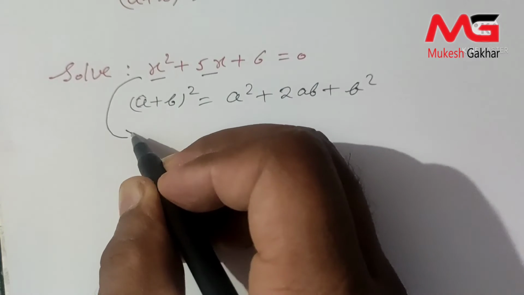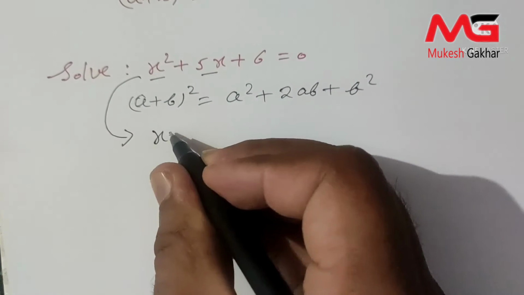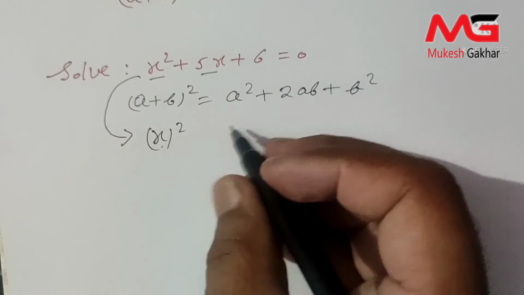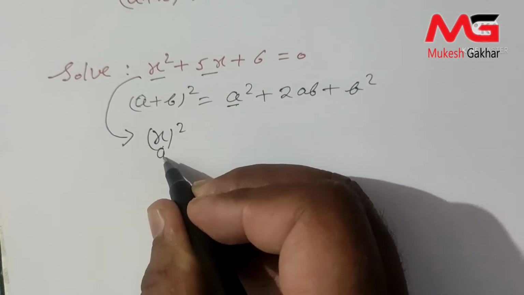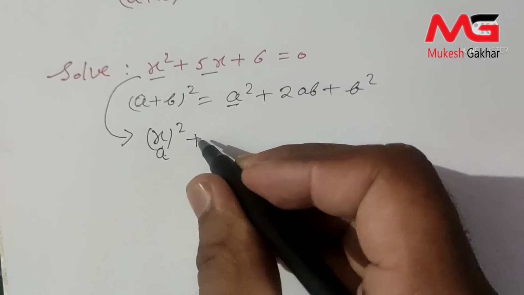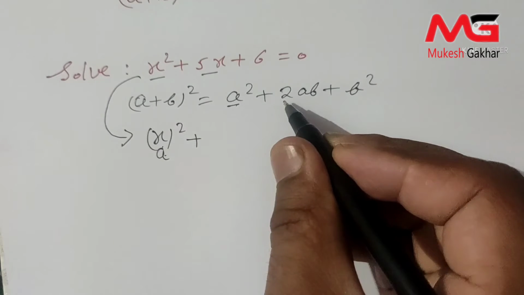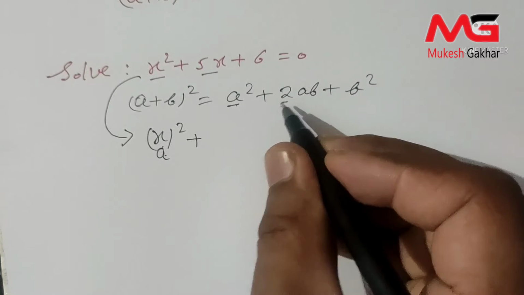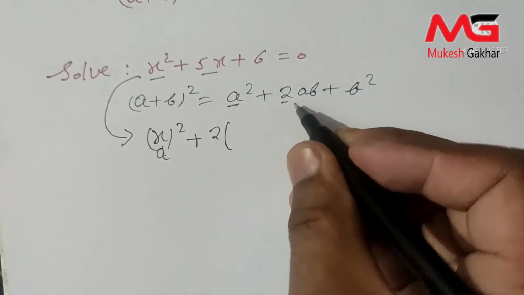We will write x square as x whole square, where x is the value of a. So the value of a is x, plus, comparing with the formula a square plus 2ab plus b square, here it is written 2 into a.